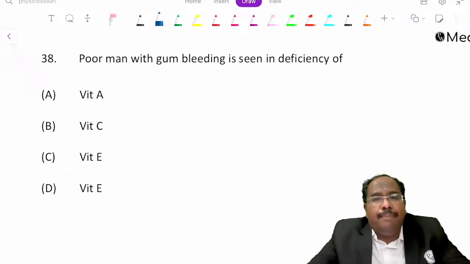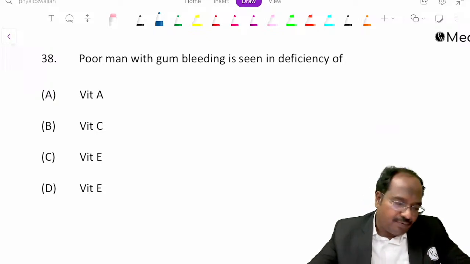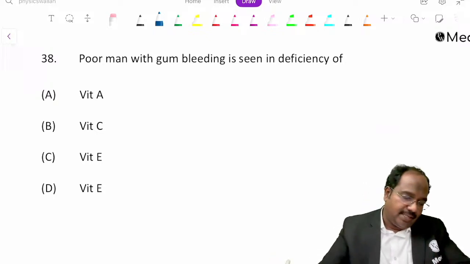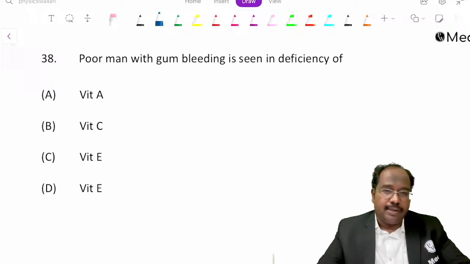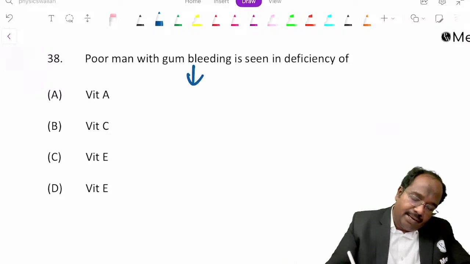A poor man with gum bleeding is seen in the deficiency of what? This is a very straightforward question for your exam. What is the answer? Gum bleeding, delayed wound healing will be there.